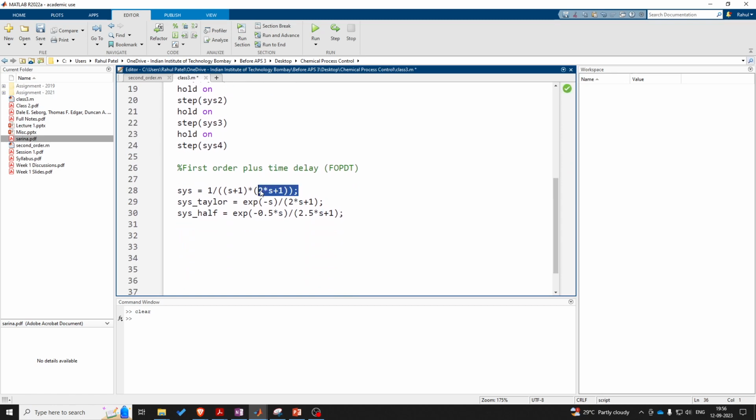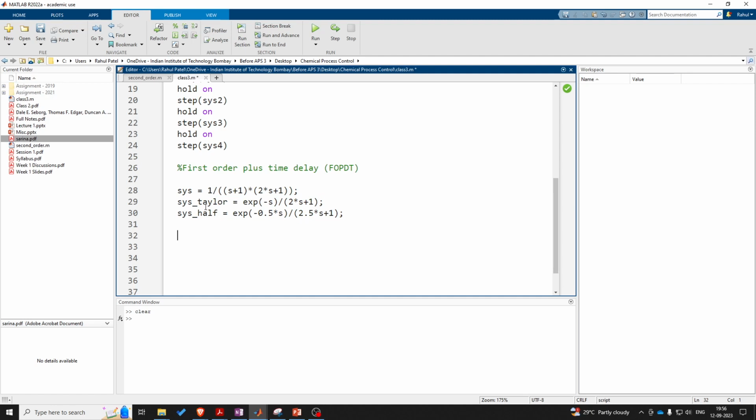So this is our original model, a combination of two first order processes. This we want to approximate as FOPTD, that is, first order plus time delay. This is the approximation using the Taylor series, and this is the approximation using the half rule.